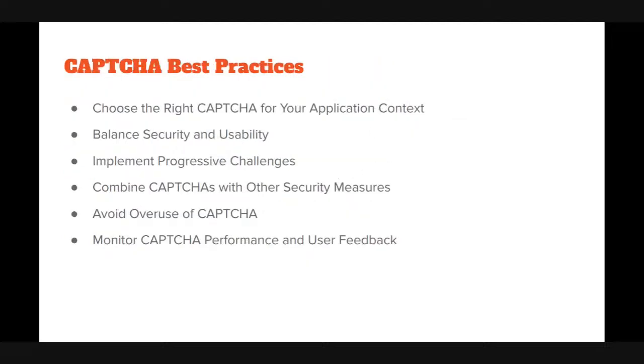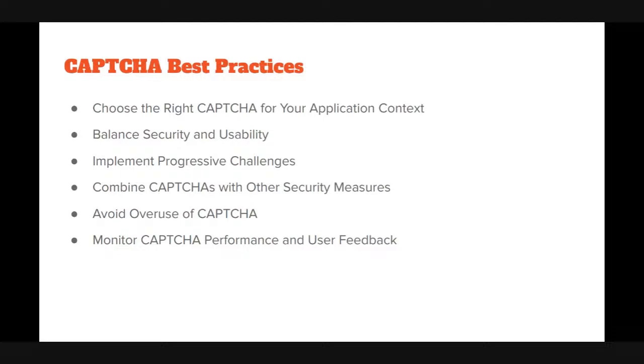Now, after learning about the most known types of captcha, what we can see as best practices when we are going to implement them in our applications. I highlighted a few topics for us to discuss. So let's take a look at them. We need to ensure that we are choosing the right captcha for our application context.